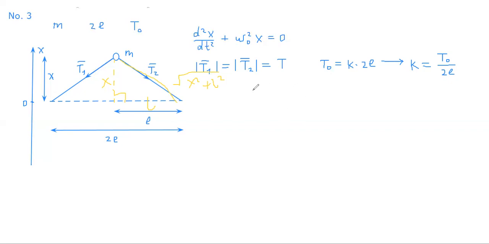So according to this, we have that T is equal to k multiplied by 2 square root plus L to the power of 2.